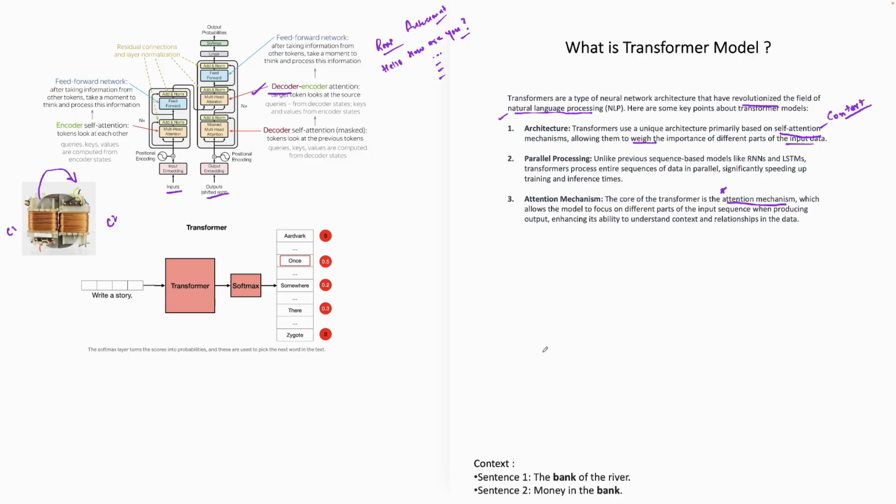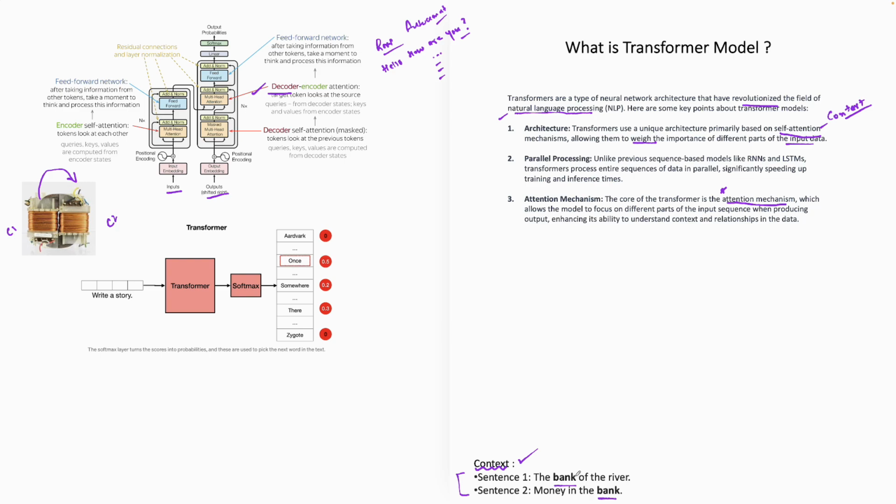Now it's very important: attention is directly related to the context, right? This model is so intelligent that it understands the context based on the input you are giving. A very good example we always give: in one sentence I'm saying the bank of the river, or I'm saying money in the bank, right?